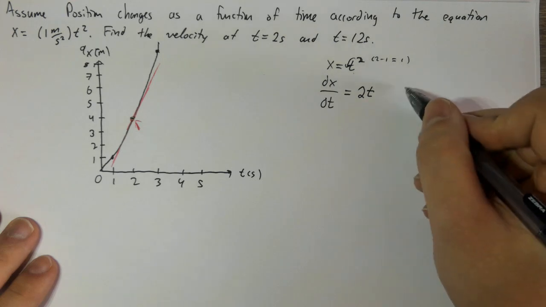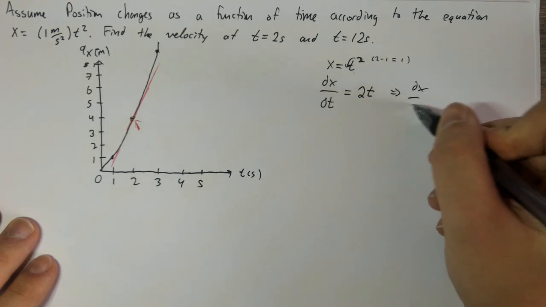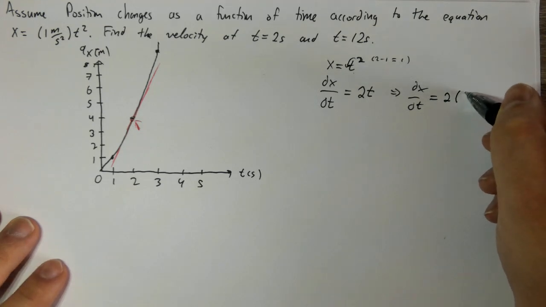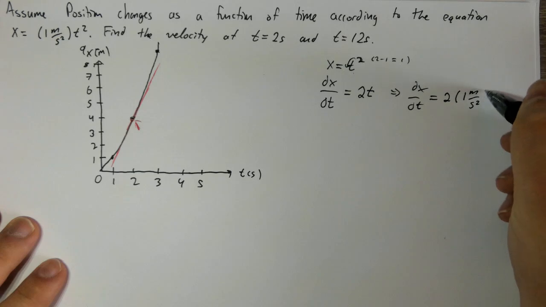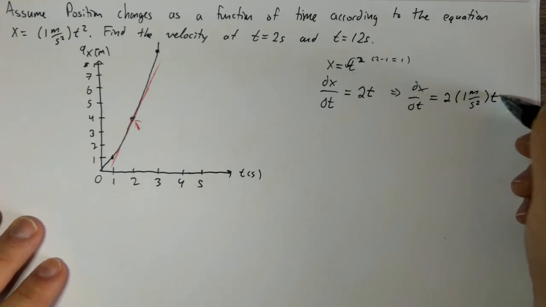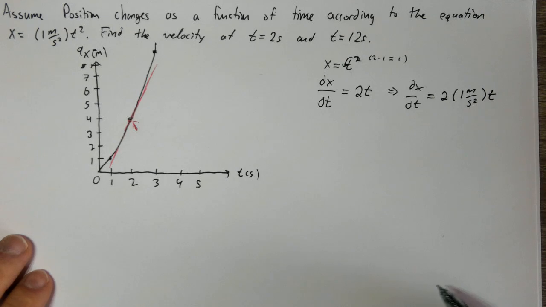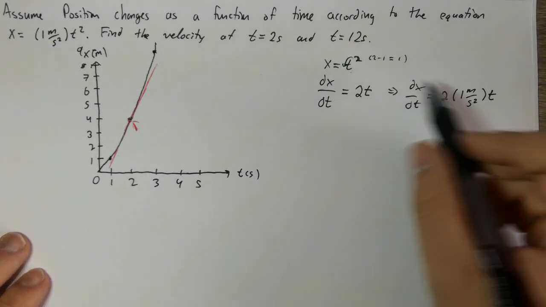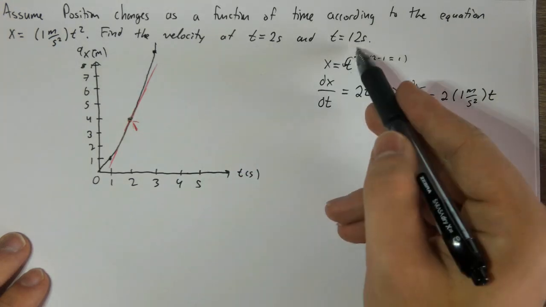And so if we write it out with our constant, which we should, dx/dt is 2 times 1 meters per second squared times t. And now all we do is plug in our numbers.